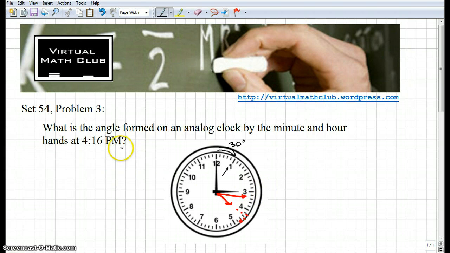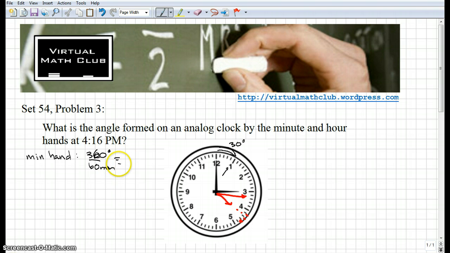So let's start by looking at what happens with a clock. The minute hand moves continuously throughout the hour, right? The minute hand goes around once in an hour. So it goes 360 degrees in 60 minutes.